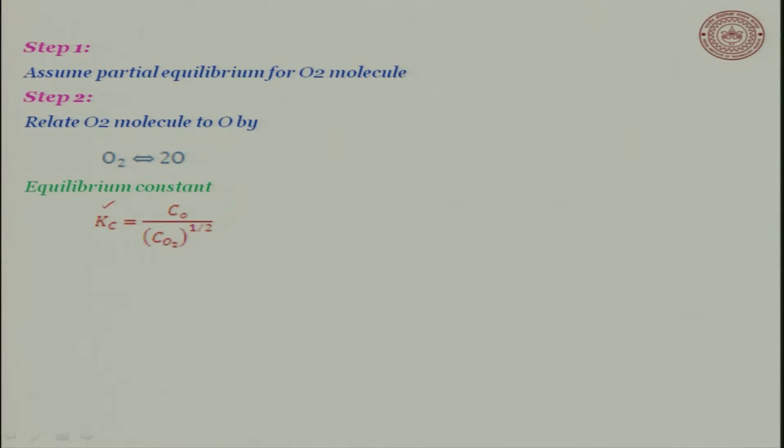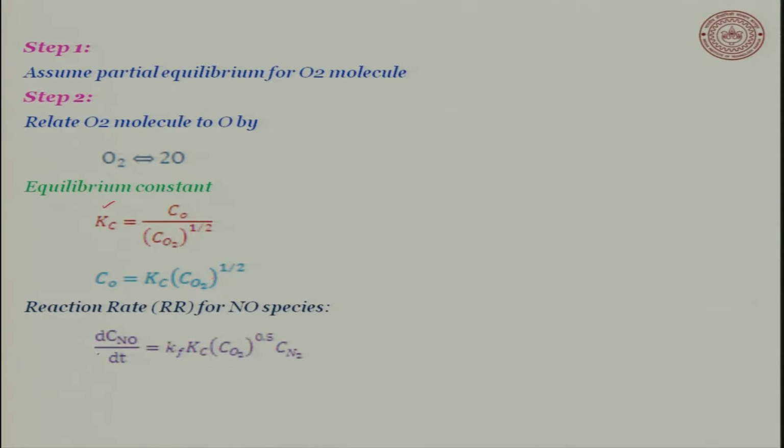If I know this Kc at a certain temperature, of course, then I can very easily substitute CO by the concentration of O2, and I will get CO is nothing but Kc times concentration of O2 to the power half, and the reaction rate of the species becomes Kf Kc, concentration of O2 to the half into CN2.